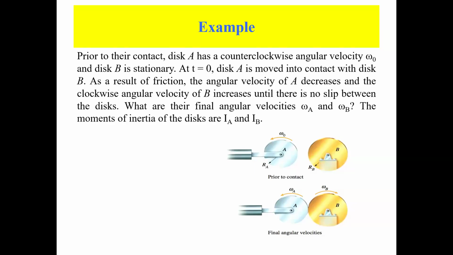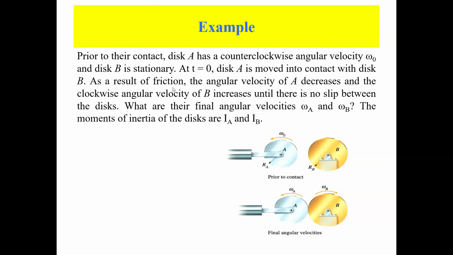The first problem: disk A has a counterclockwise angular velocity and disk B is stationary, meaning omega for disk B is 0.